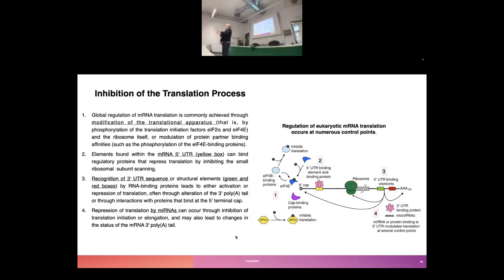Improper folding means you exposed hydrophobic regions on the outside. And what do the hydrophobic regions do? They clump together because of hydrophobic interaction. They like each other because they collaborate to exclude water molecules. Okay?